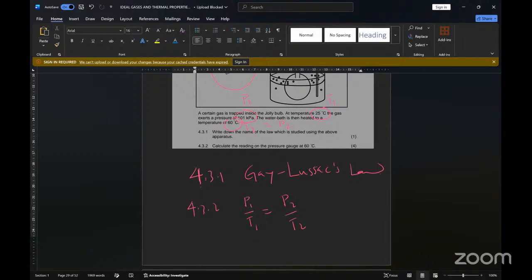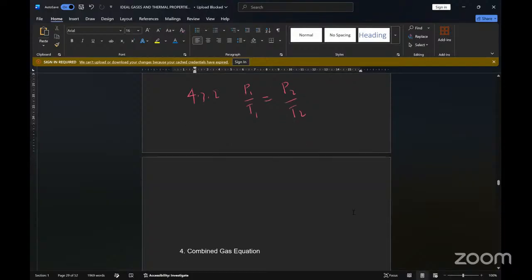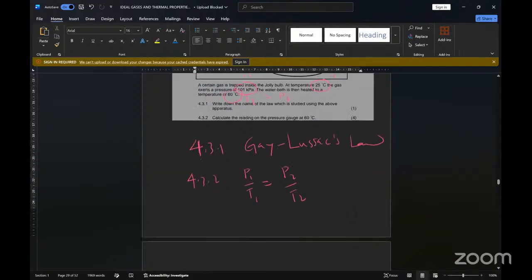So let me go down a bit. Okay. So our P1, according to this, is 101 kilopascal. Okay. And the temperature T1 is 25 degrees. So say 25 plus 273. I think that's 298. Let's see. 273 plus 25 should give you 298.